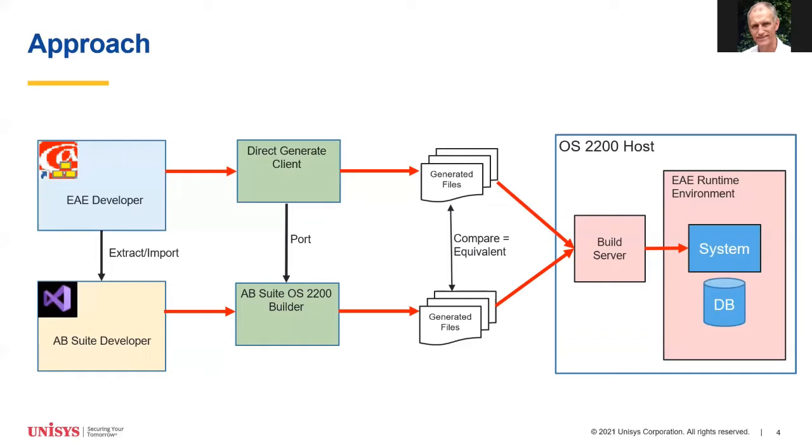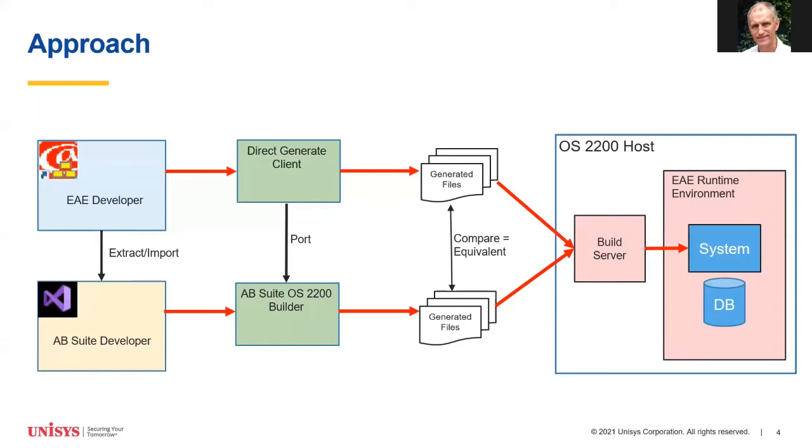One example is performable global logics. In AB Suite, the equivalent of a performable global logic is a method. And in AB Suite for Windows and MCP, methods are more flexible. So you can also include methods in iSpecs and reports, and methods can have parameters and return values.